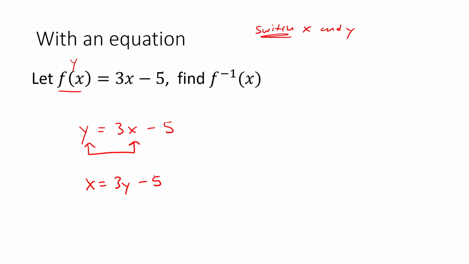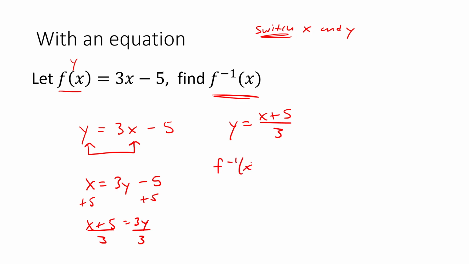All right, and solve for y again. So I will start by adding 5 to both sides, and then divide both sides by 3. And we'll just leave it as a fraction like that. What I find is f inverse. And so that would be my final answer.